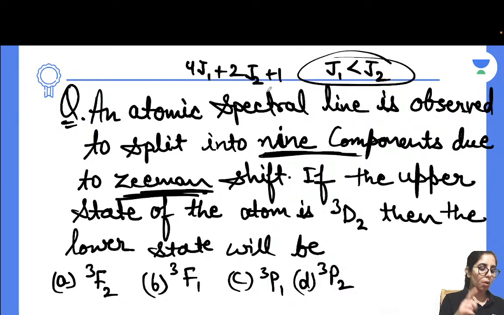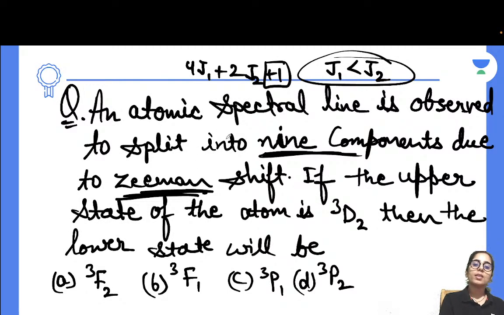And depending on the anomalous Zeeman effect, if there is any exception in the selection rule and you don't want to include a transition, you just remove that particular transition, otherwise you take it.